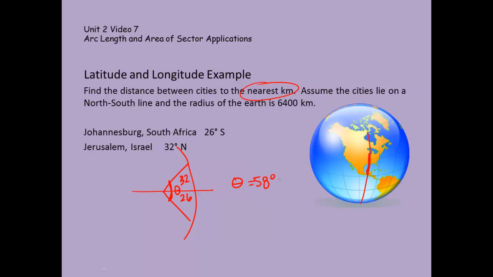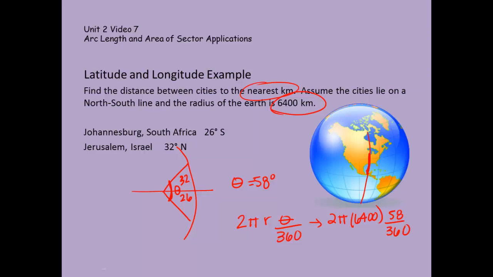So since we're measuring this in degrees, and I know my radius is 6,400 kilometers, we're going to use 2 pi r theta over 360. And if I substitute my numbers in, I get 2 times pi times 6,400 times 58 divided by 360.